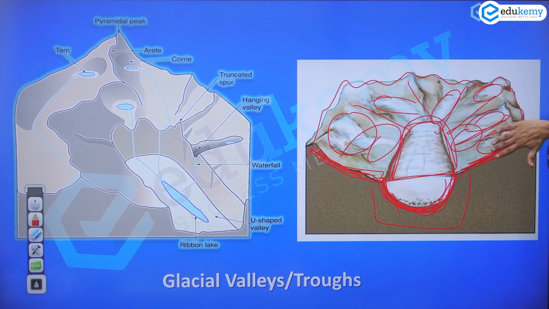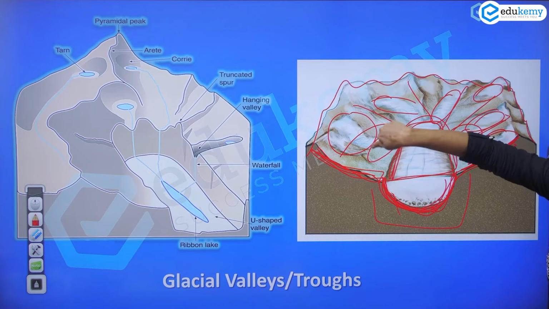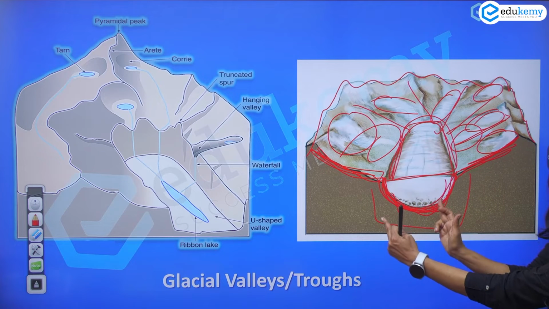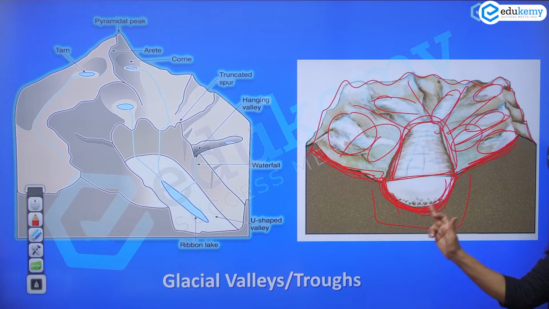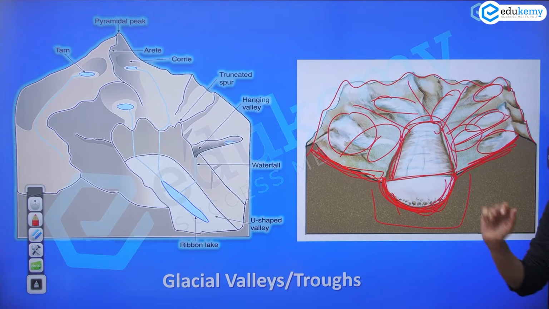So this glacier is eroding this part, this glacier is eroding this part, eroding, eroding. At this place where the glacier is moving, the entire bedrock is being eroded, called a U-shaped valley.